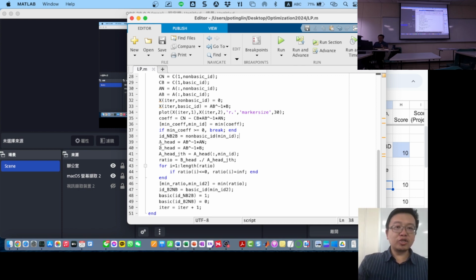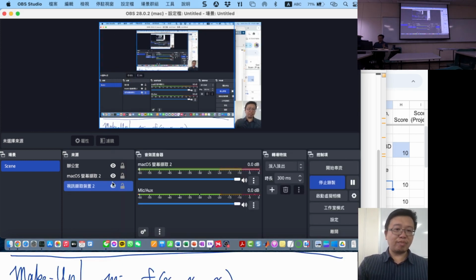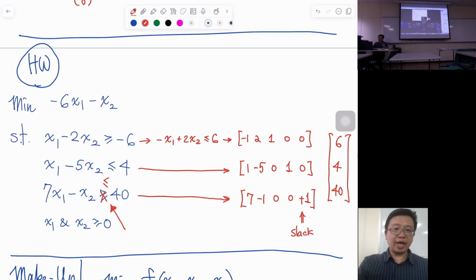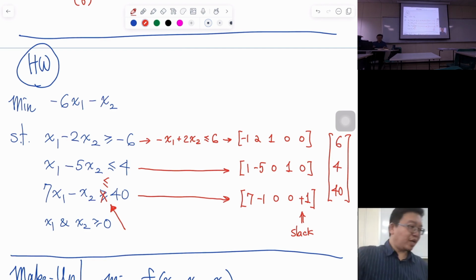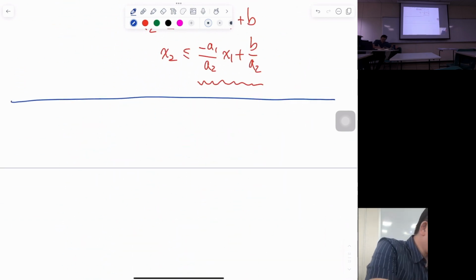Okay, so I would like to talk about something that is related to linear programming, and I'm not going to do much in this part, but I think I need to let you know. So in today's further discussion related to linear programming starts with this. So what if we have a problem that is nonlinear?